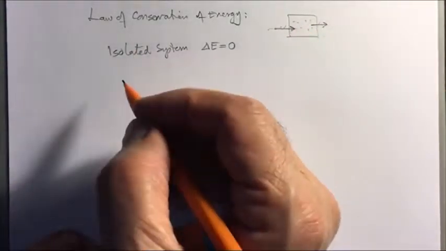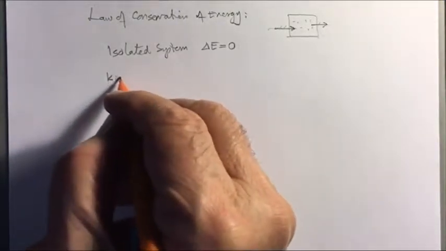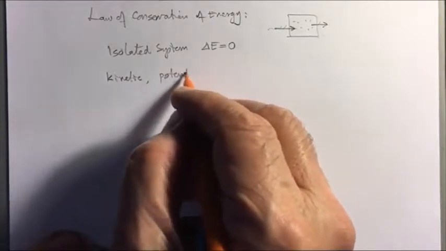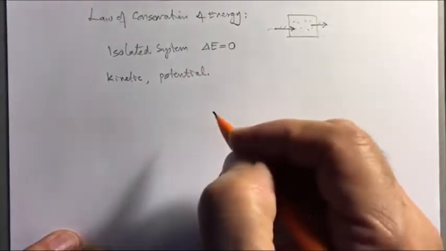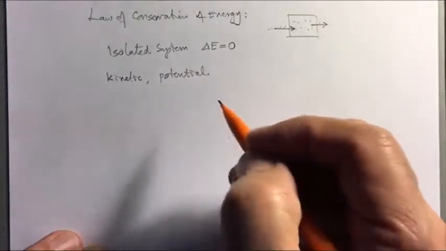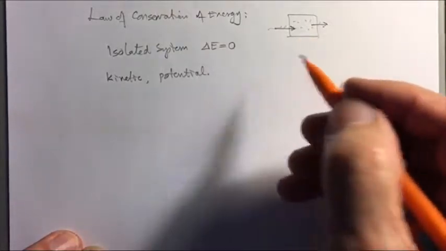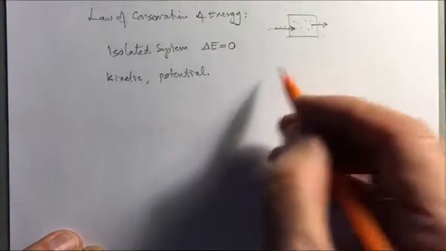Now as we write this, we need to remember that the energy can either be kinetic or potential. So these are the two kinds of energies. There are cases where we have friction and something gets heated up.